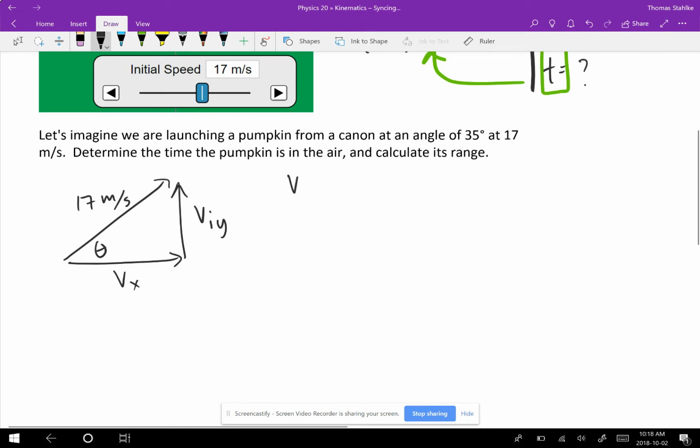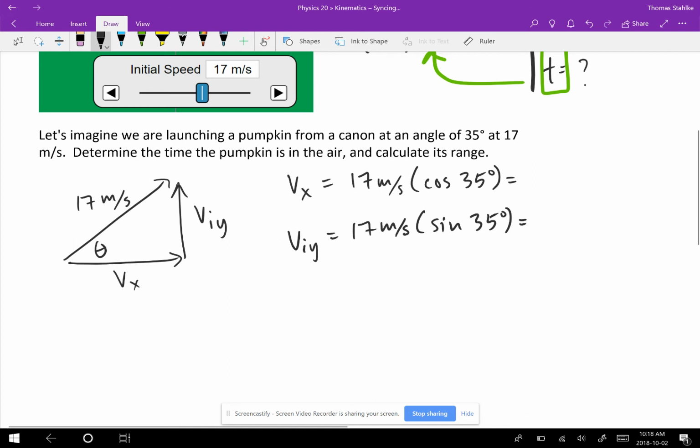So let's find Vx, which is, as we mentioned before, V cosine theta, which is 17 meters per second times cosine of 35 degrees. And V initial in the y direction is 17 meters per second times sine of 35 degrees, because that's the opposite side from the angle.